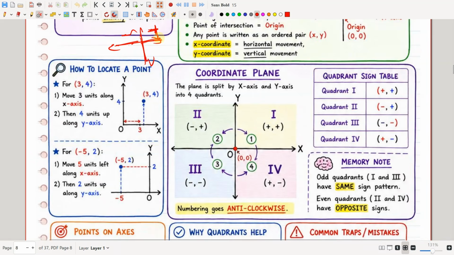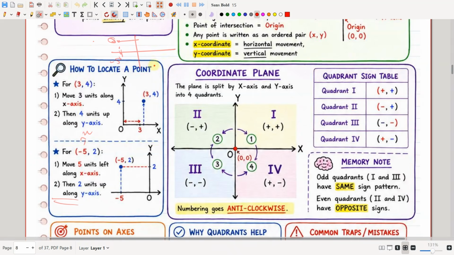Here the x-axis will be positive and the y-axis will be negative. Okay, so see here, you have to plot minus 5 comma 2. Minus 5 along x, and then raise it 2 units high, so minus 5 comma 2.